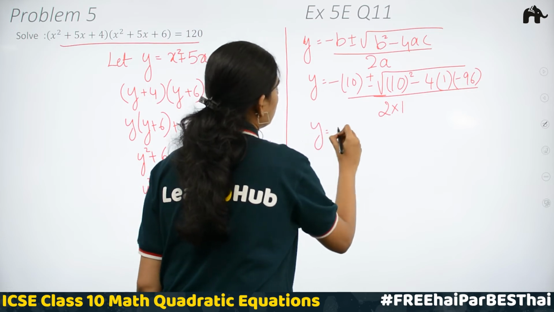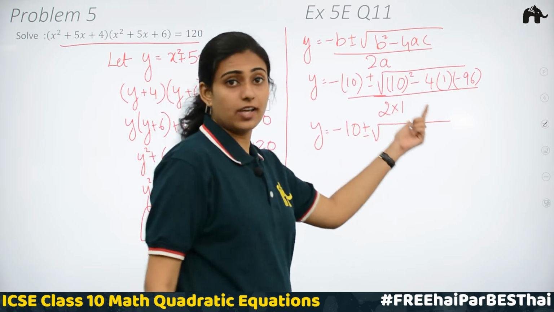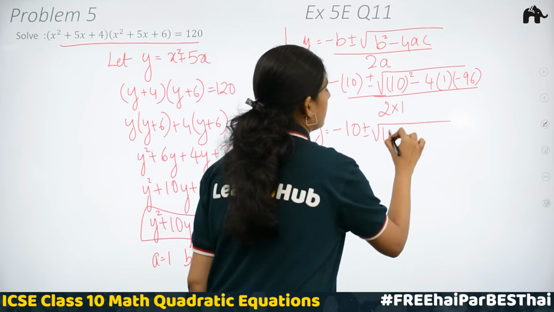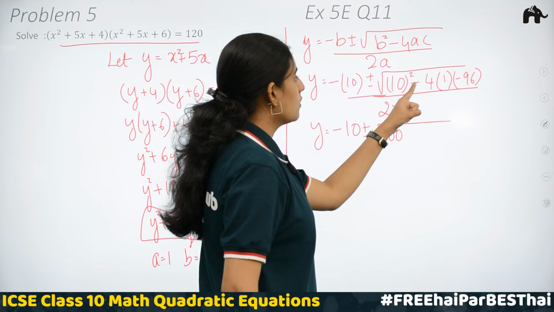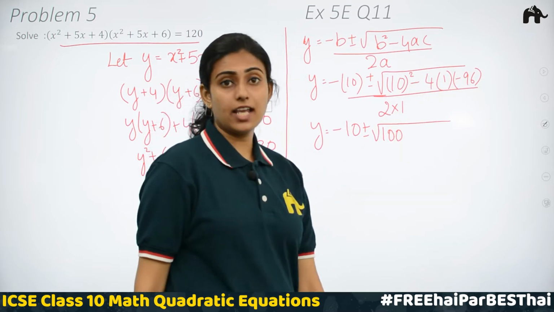y = (−10 ± √(100 ...)) / 2. 4 into 96, you will be getting 384.